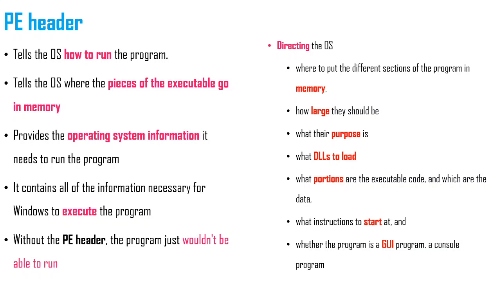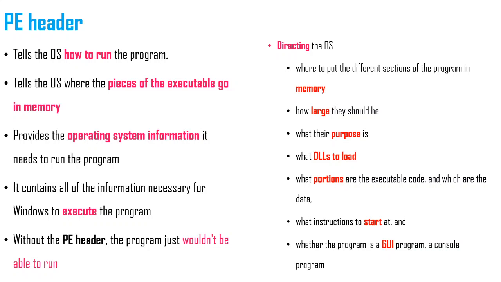And it also tells whether the program is a graphical user interface program or a console program or even an Xbox program itself. So in this slide we have to conclude that without the PE header the program couldn't run in a particular operating system.